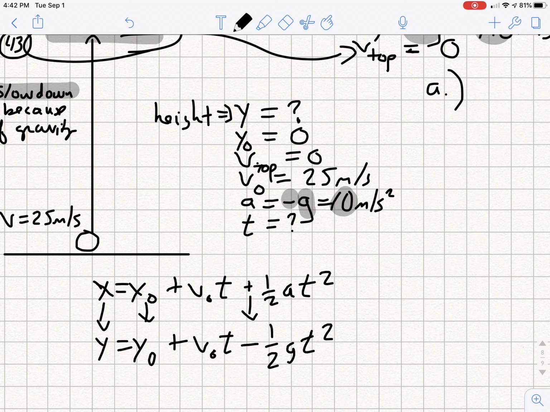So I'm replacing the plus with a minus and the a with a g. That's really the only transformation you need to make with this formula. But the problem is it doesn't really work for us because we don't have time. This is our main unknown. This is our second unknown. We can't have two unknowns in the equation.